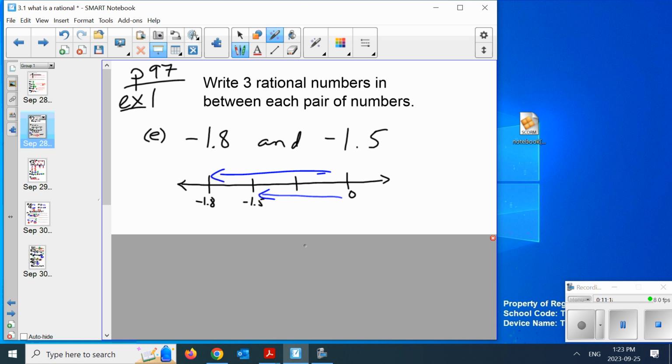Sometimes it helps if you think of this as money. That's $1.50, and this is just the same number. Let's say $1.80 and $1.50 on the negative side, right? But what are some dollar amounts if you owed money in between those two? That might help you.